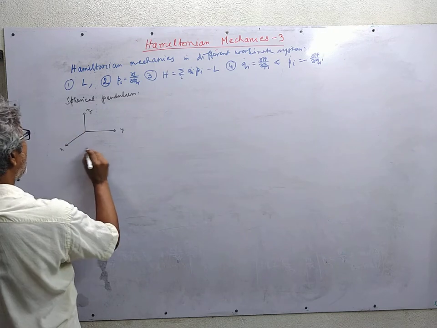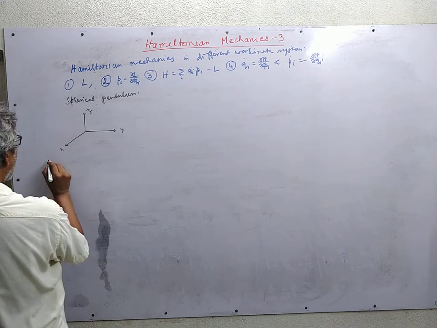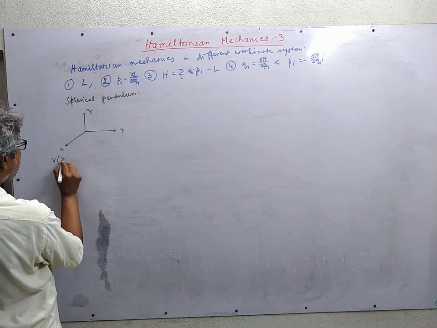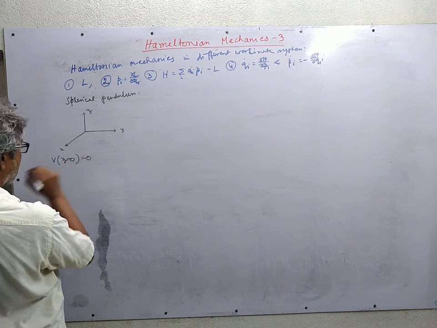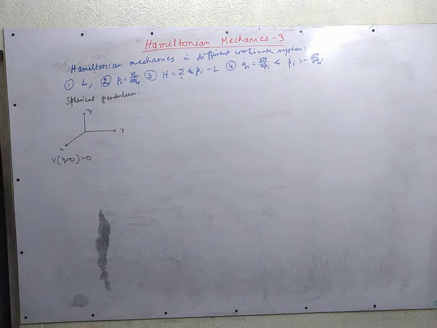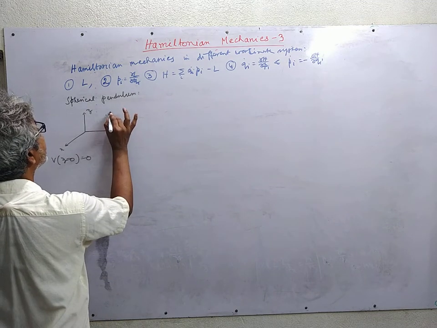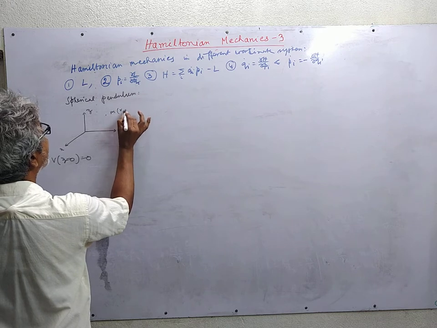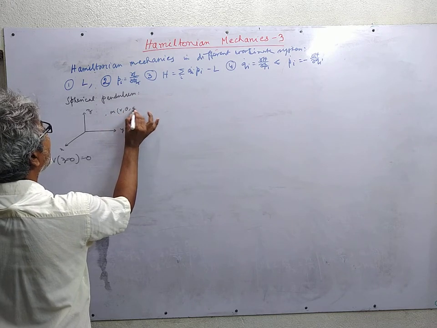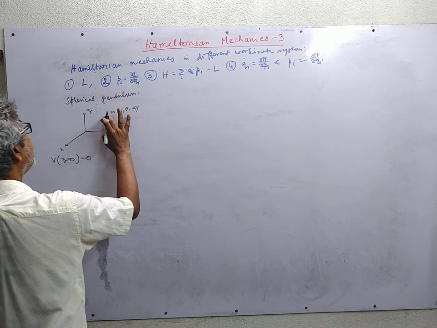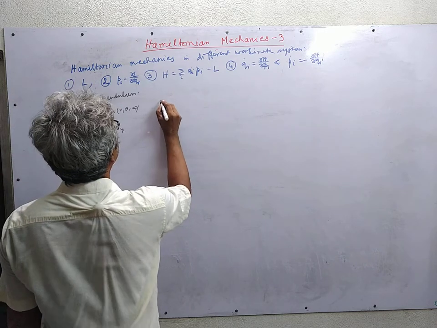The xy plane at z equal to 0 is considered to be the zero level of potential. When the particle m is at r theta phi, the height is z.